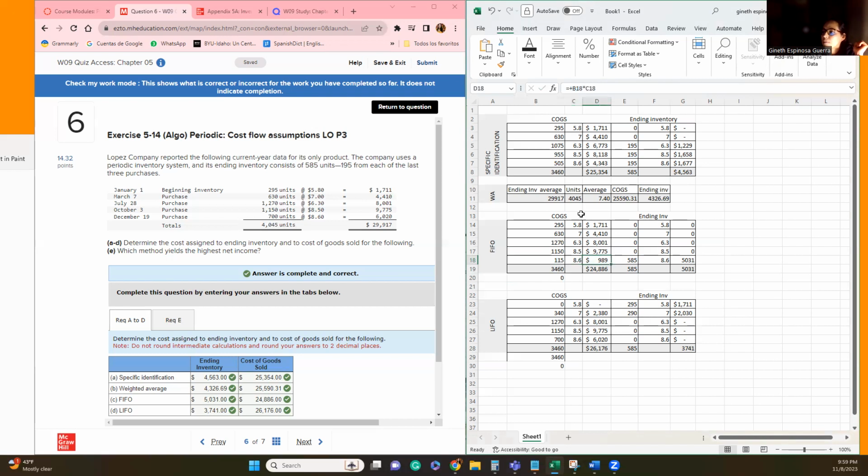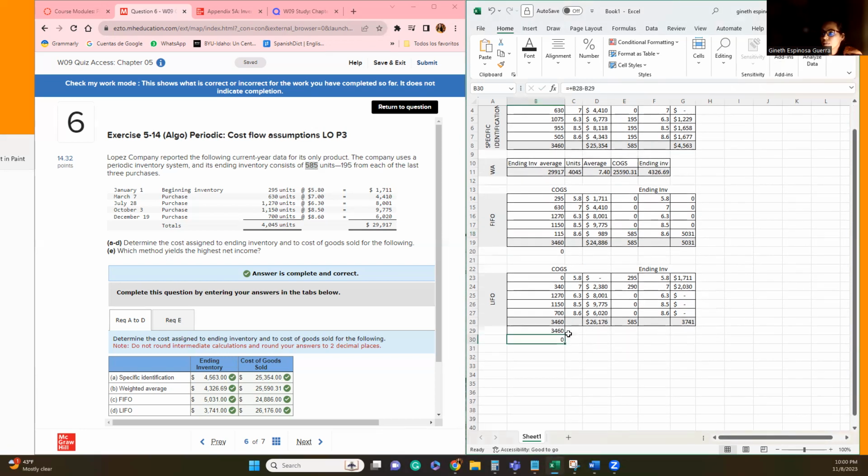We also multiply by the same prices and find the total that we pay for that. At the end of the inventory, we know the last transactions are 195, but because we are doing FIFO, the last one is going to be affected. In this case, it's the 585 units. That's how we found the FIFO ending inventory and cost of goods sold.